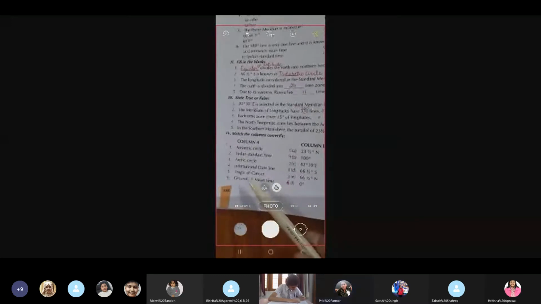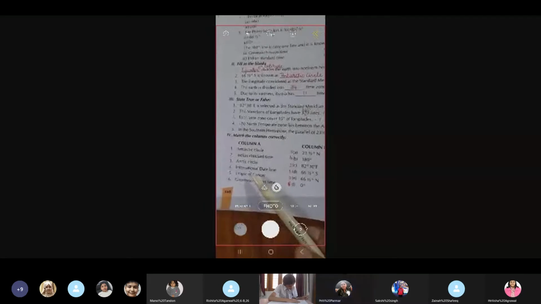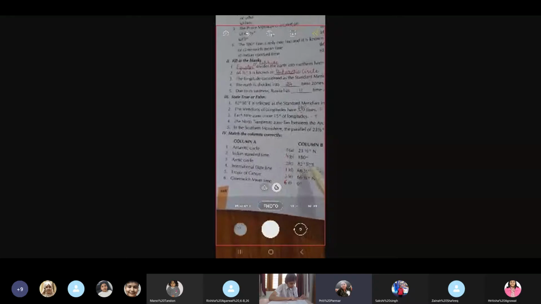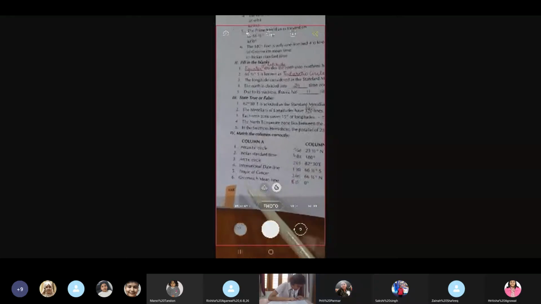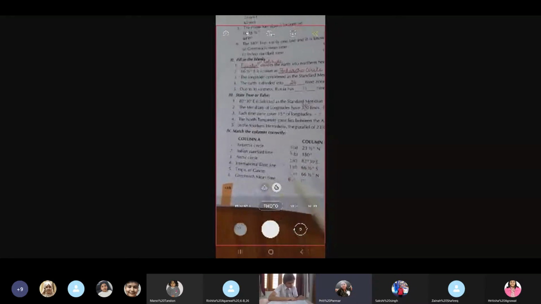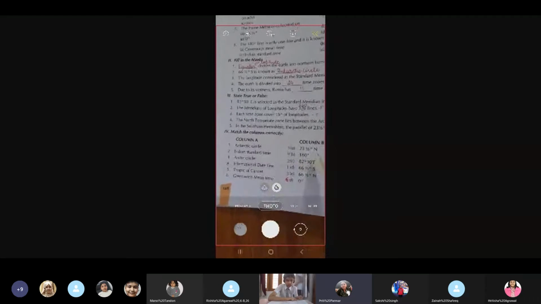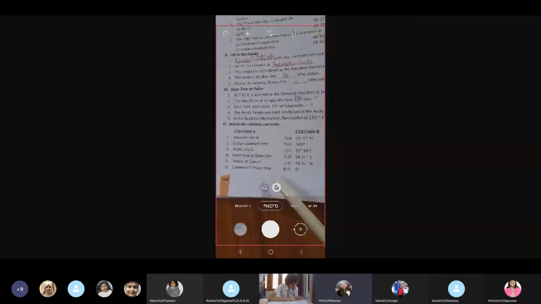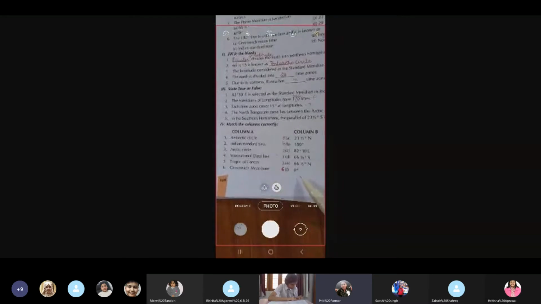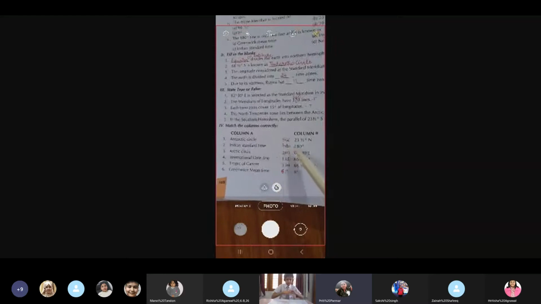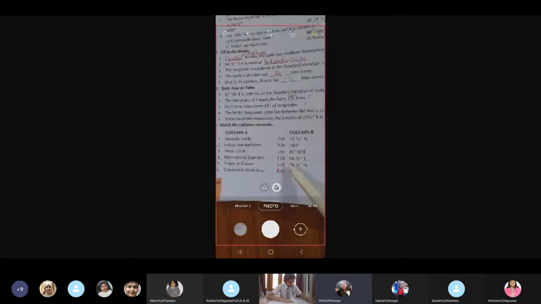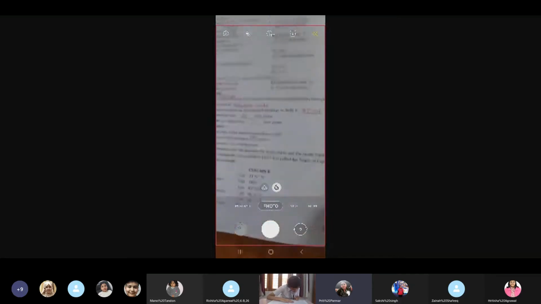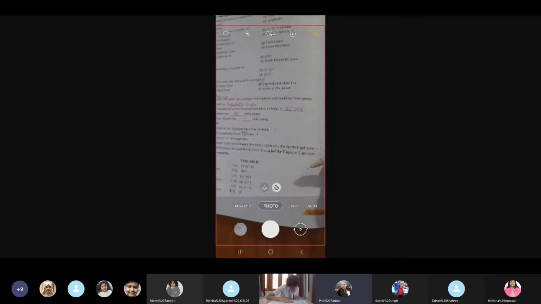Number 4, International Dateline, match it with 180 degrees, 4B. Number 5, Tropic of Cancer, match it with 23.5 degrees north, 5A. And then last, Greenwich Mean Time, match it with 0 degrees. So your answer is 5A, 4B, 2C, 1D, 3E, 6F. Now, this stage you will do in your books only.